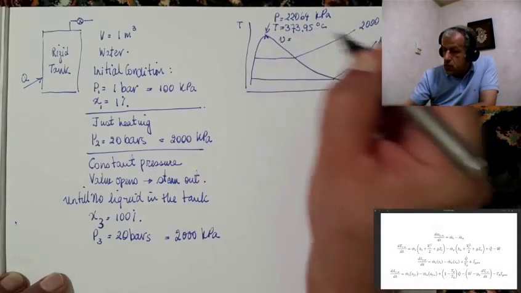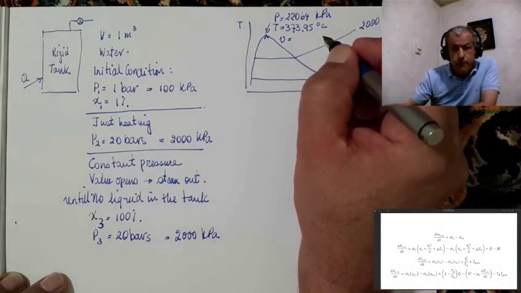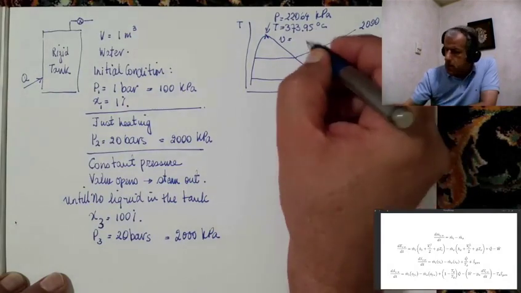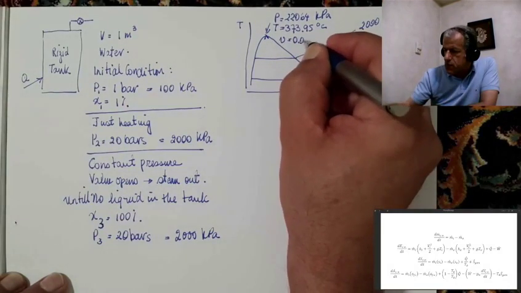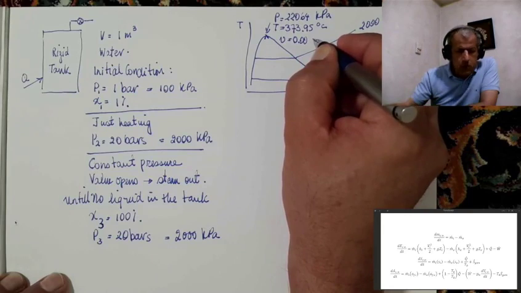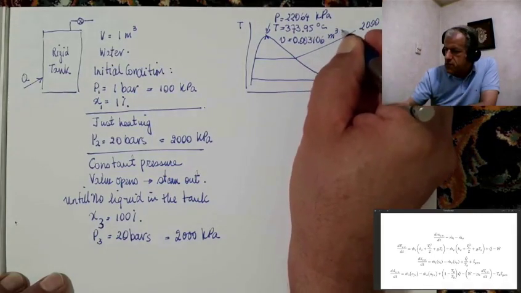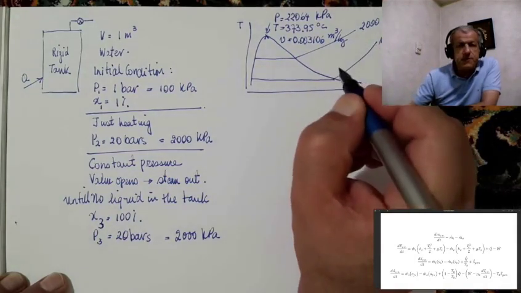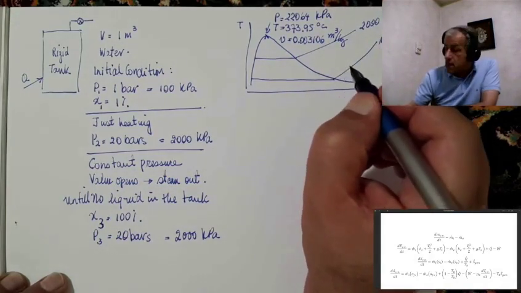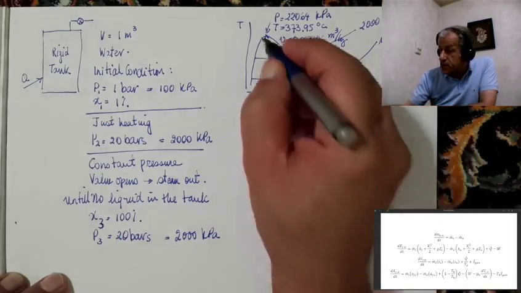Also, it's good to know the specific volume at the critical point, which for water is 0.03106 cubic meters per kilogram. And this is the critical point.